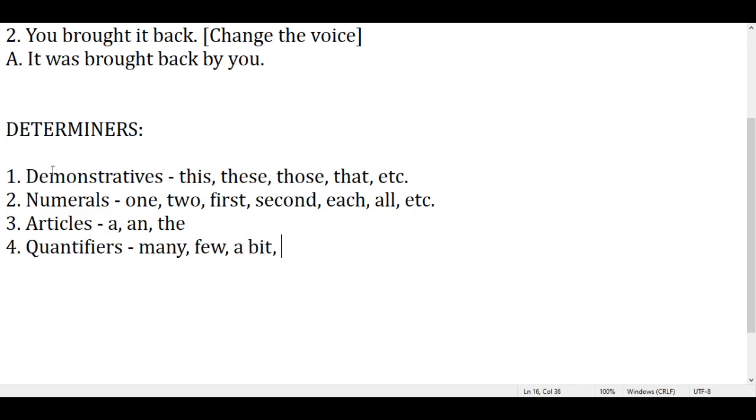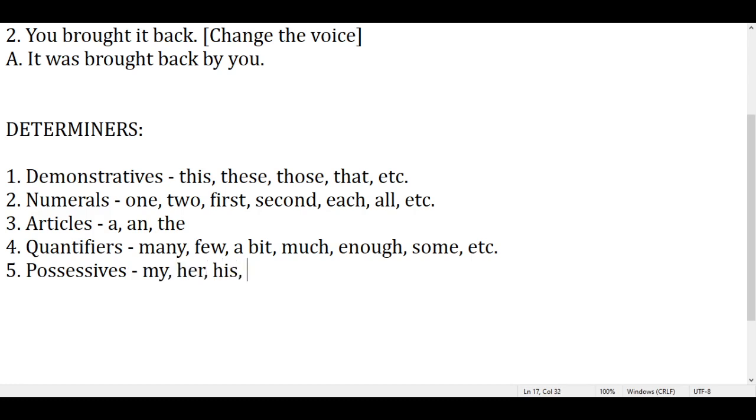You can say much, enough, etc. I'll give you one, some, enough. And the last one, the fifth type you should study, is possessive. When I say possessive, it's very simple, is it not? In possessives, you have my, her, his, their, your, etc.